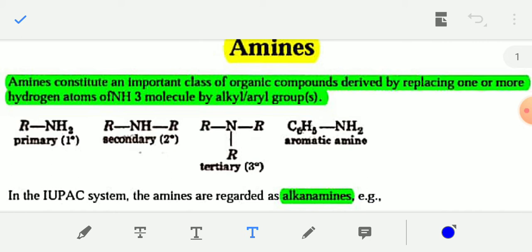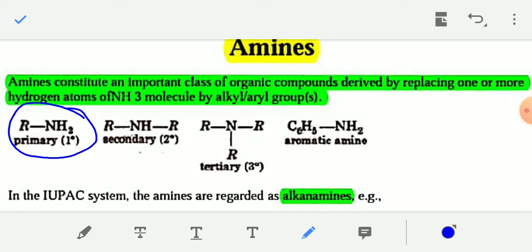If you replace only one hydrogen atom from ammonia by one alkyl group, then it is known as 1 degree amine or primary amine. And primary amine looks like this: RNH2. Here one hydrogen atom is replaced by one alkyl group.